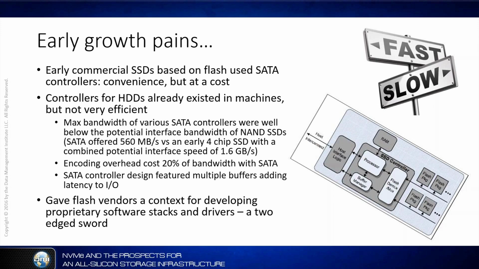So in some cases, there was a big difference between the potential for moving data to a disk device versus moving data to a flash device. And if you're delivering data as fast as the SATA bus will permit, you're not going to be driving your flash devices at their rated speed.